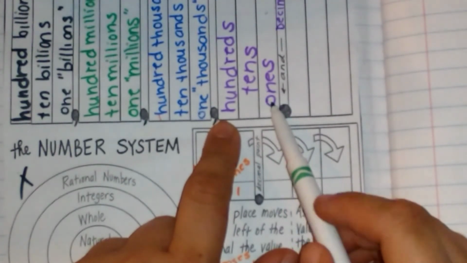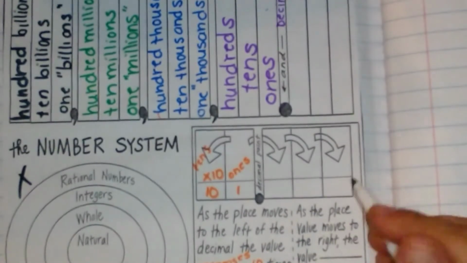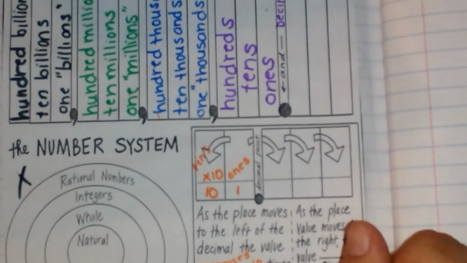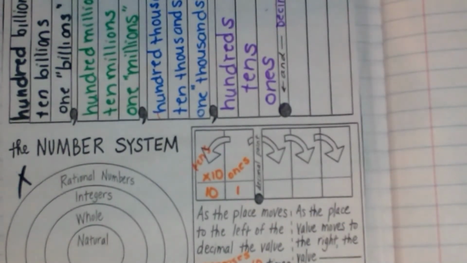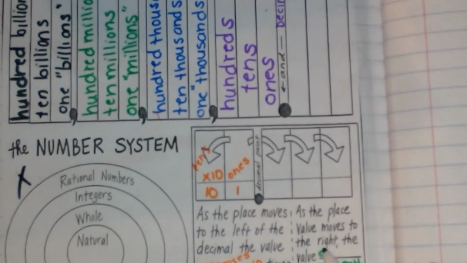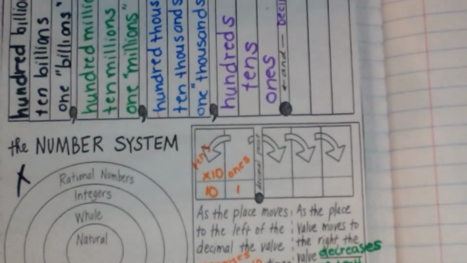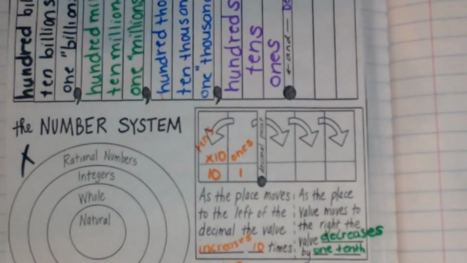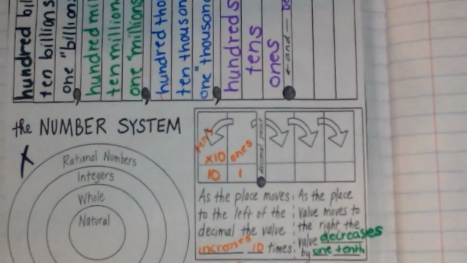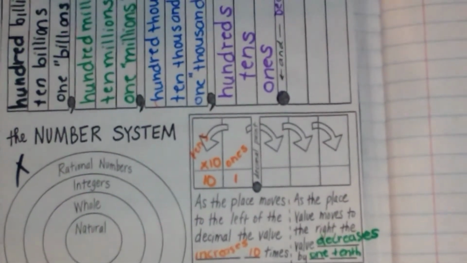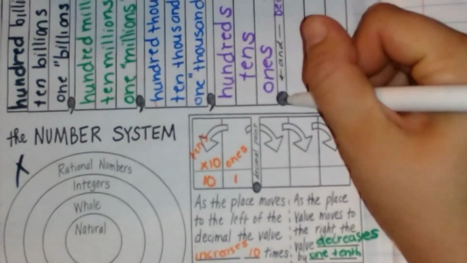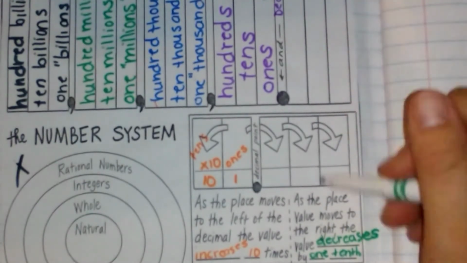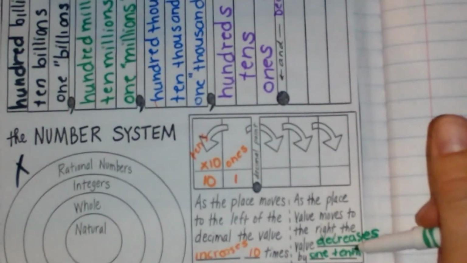I'm going to divide it by 100. Or I can multiply it by 1/10. Now let me tell you why. Multiplying something by 1/10 is the same as dividing it by 10. Okay? Same thing. So if it moves to the right, I'm multiplying it by 1/10.